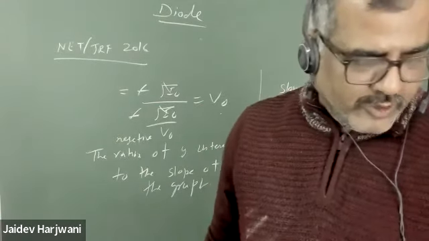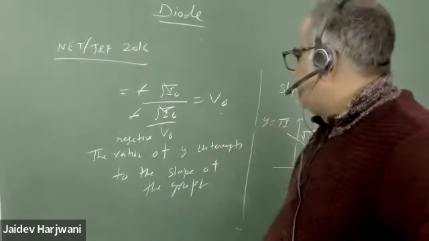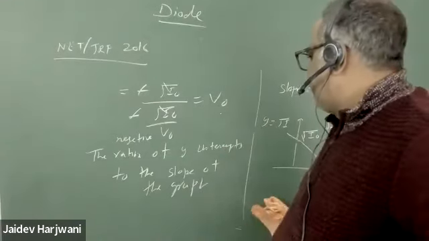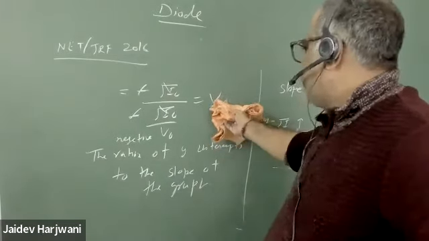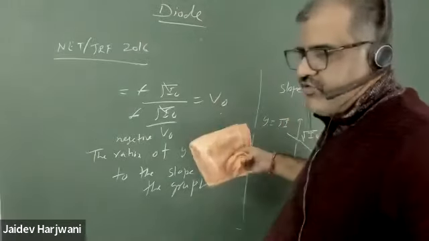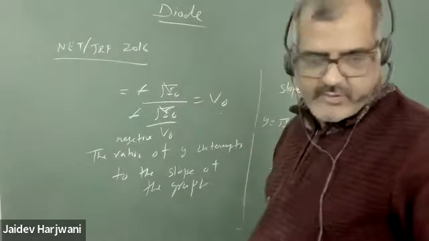This is the slope and the y intercept of the IV square graph. If you plot IV square, the slope will not give you v naught, because slope is this, and when you plot IV square the slope will also not be equal to v naught.